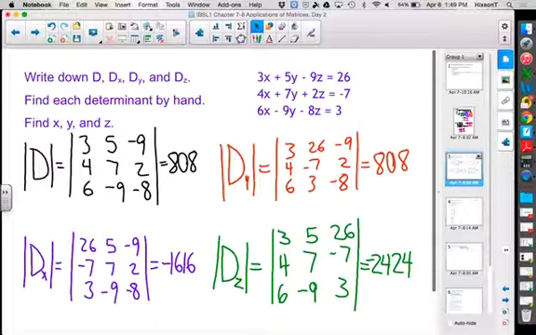Oh, you're going to answer. This two, right? Okay, so check your answers as you get your determinants. These are what they ought to end up as.